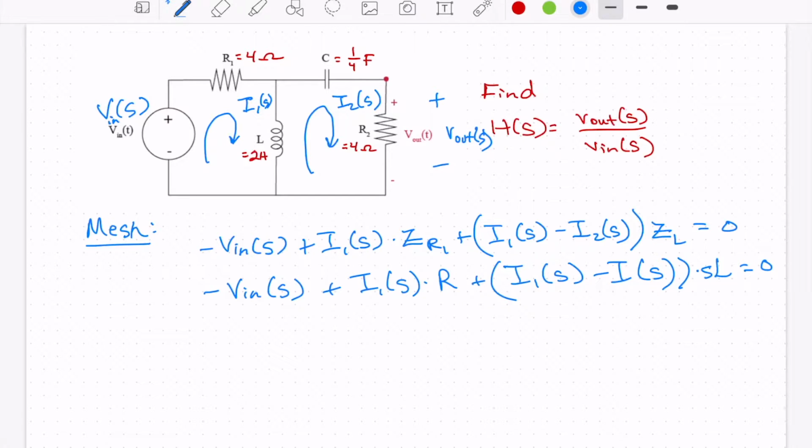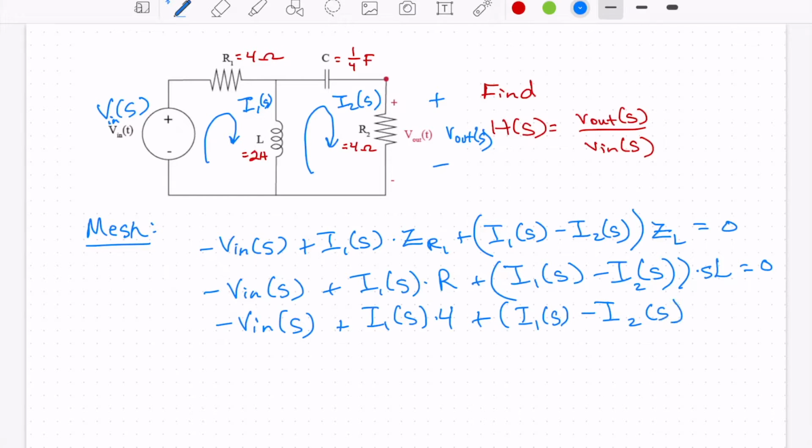Okay, plugging in our values, we get minus Vin of S plus I1 of S times 4 ohms plus I1 of S minus I2 of S times S times 2 henries equals 0.